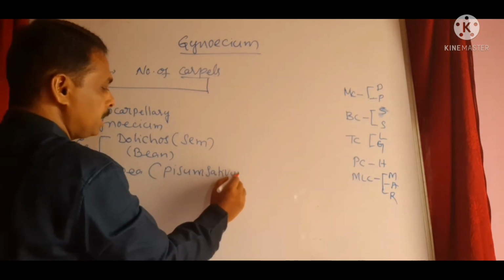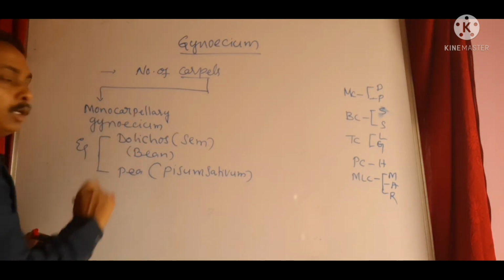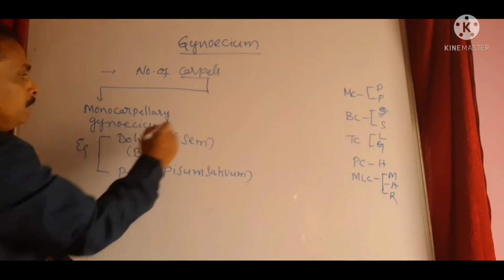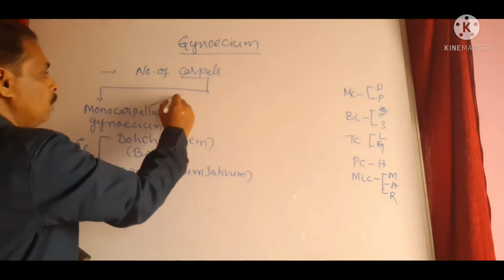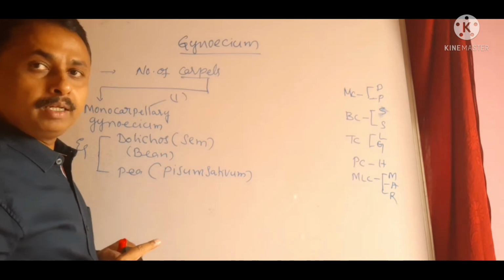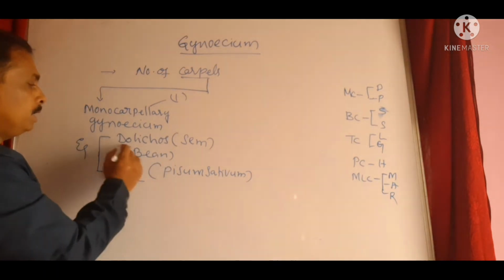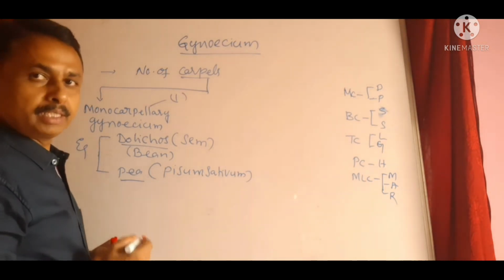These are the examples for monocarpellary gynoecium, where only one carpel is present.